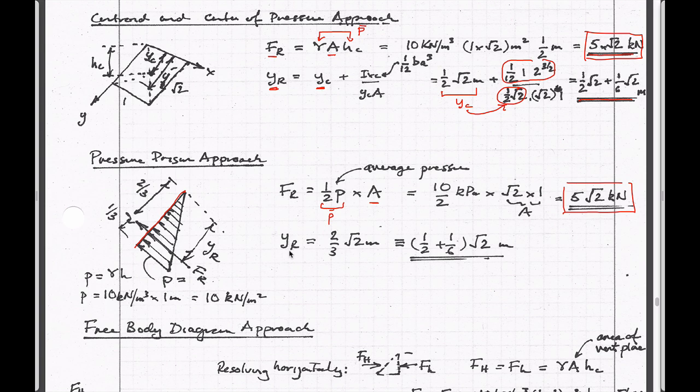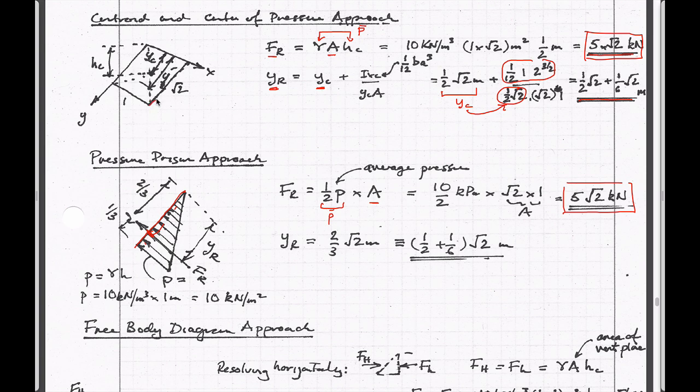And we know that for this triangular pressure distribution, not dissimilar to the question it was asked about where the weight of a dam acts, it's 1/3 of the way along it because this is the pressure distribution, and so the force has to act 2/3 of the way down from here, and the total length of this is square root 2.